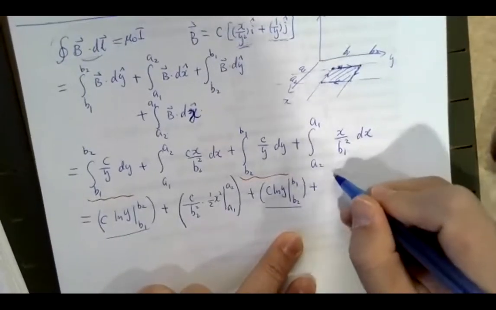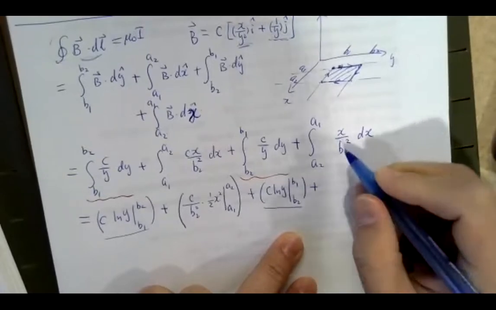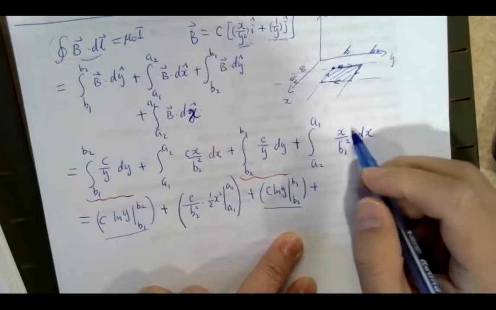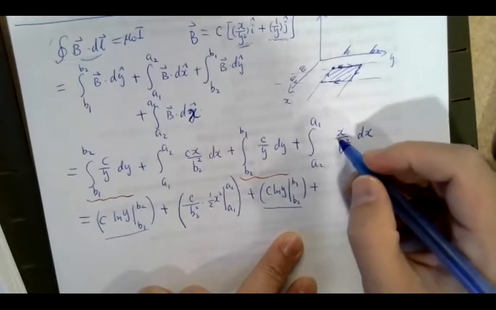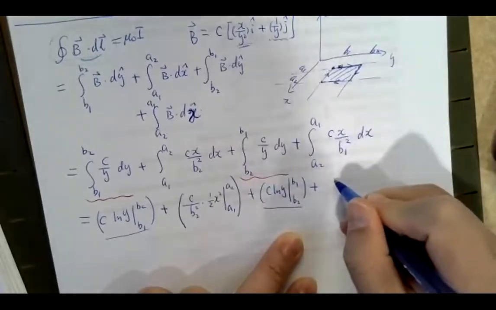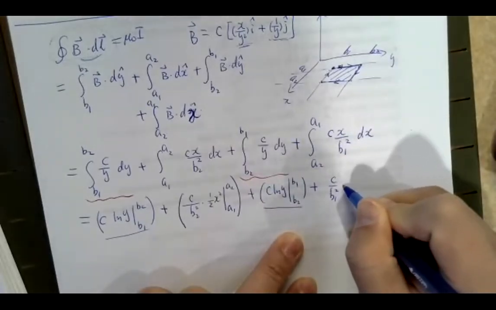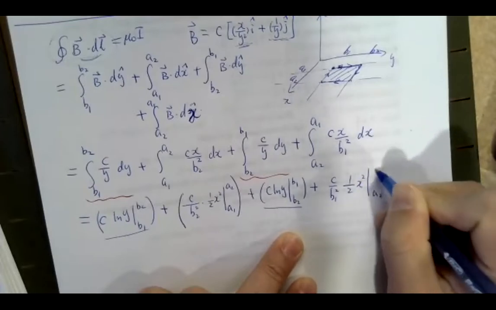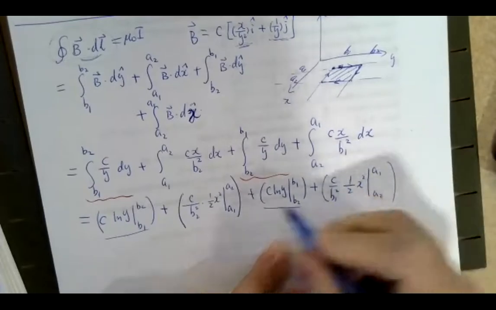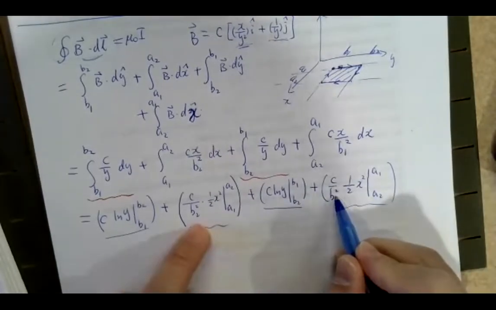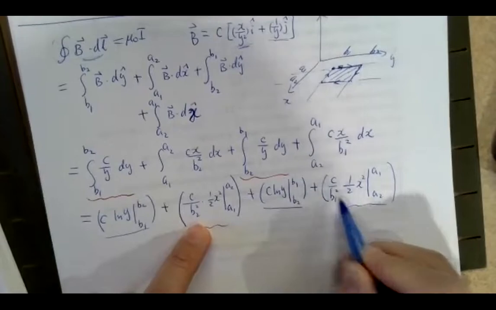And then plus the last one here would be, am I missing a C factor here? Yes, I think I am because there's C in front, so C there. So C over B1 square, now 1/2 X square from A2 to A1, okay. This term and this term will not cancel out because B1 and B2, they are different, okay?